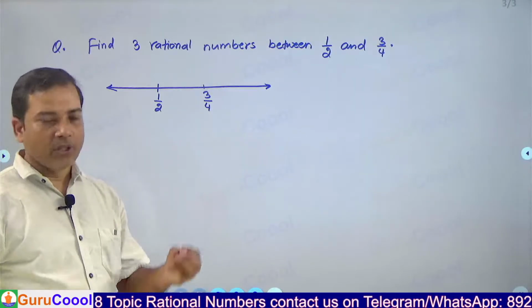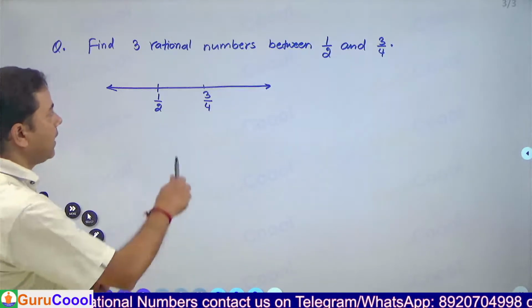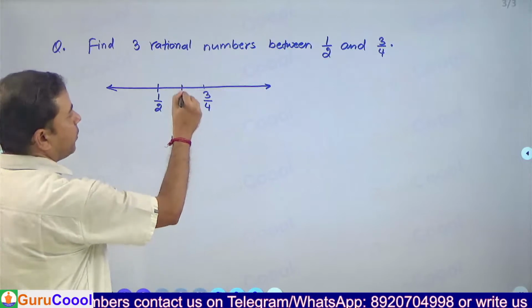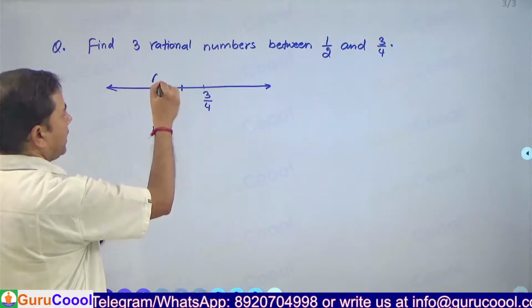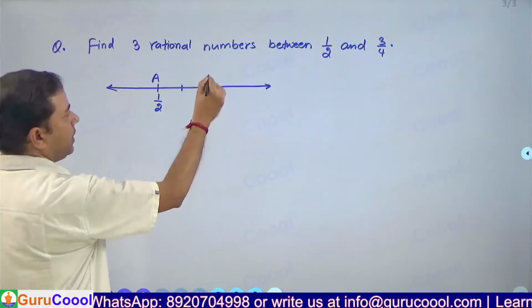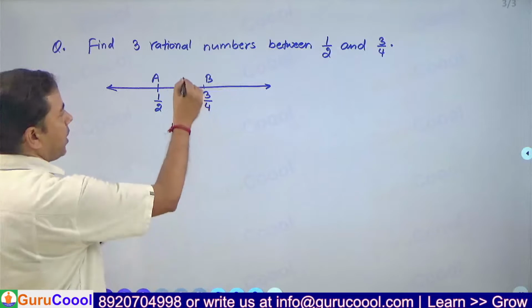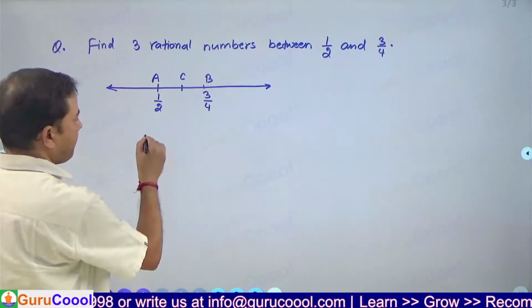Using the midpoint formula, let us find the midpoint between them. Let us say point A is 1/2, point B represents 3/4, and point C is the midpoint.